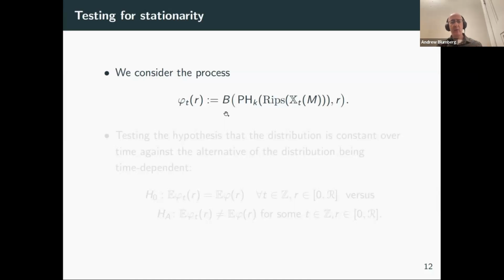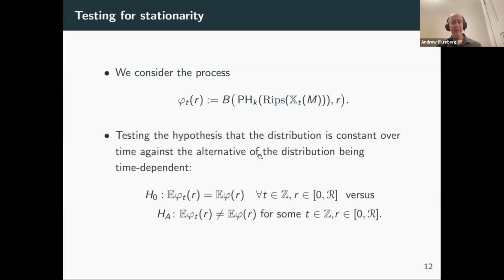And the kind of test we might ask for is that for all r, as t, the time parameter, varies, the expectation of this is stable. That's the null hypothesis. It means it's stationary, or a proxy for it being stationary. The alternative is that the expectation changes as time changes at some radius r. Okay, so this is the kind of framework we can think about.